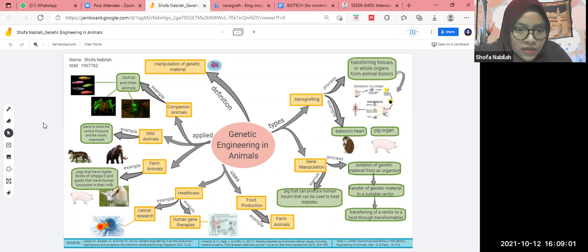But I think it's allowed, because many products are sold in other countries. In Indonesia, I think it's not common. Food created by genetic engineering in animals is not common here, but in other countries it is allowed.